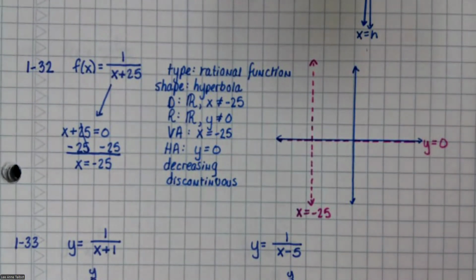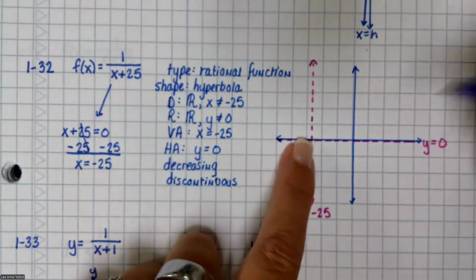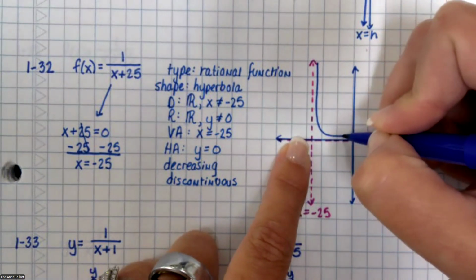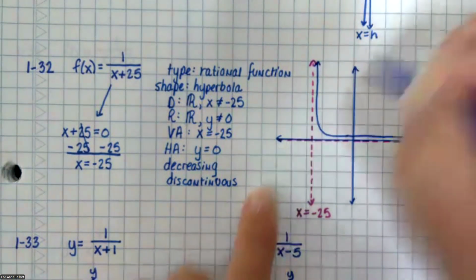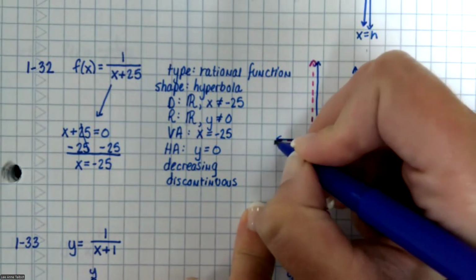Okay, now we're going to sketch in our curve. So you're going to go here where the two asymptotes cross each other and make your swoop there, and make your swoop there.